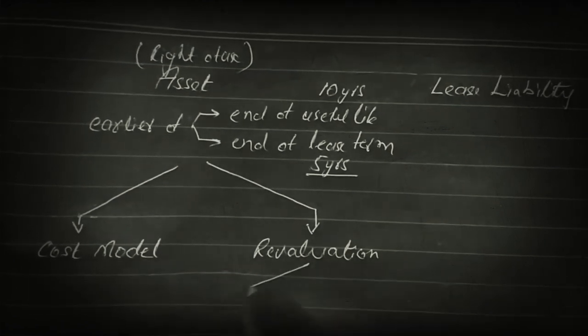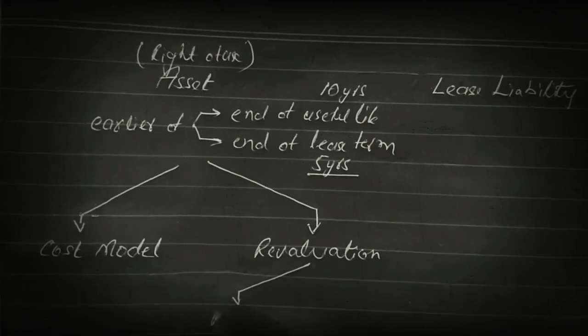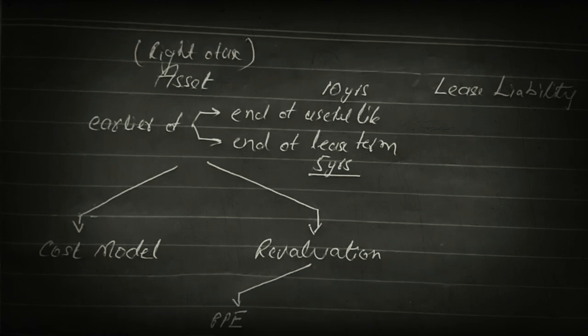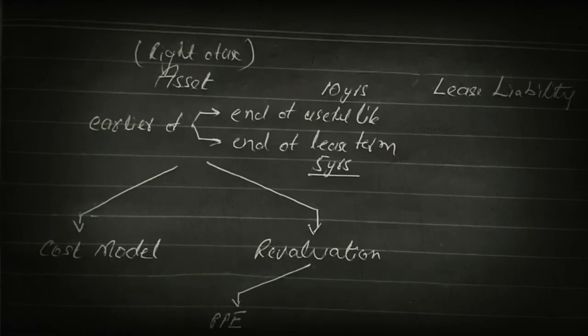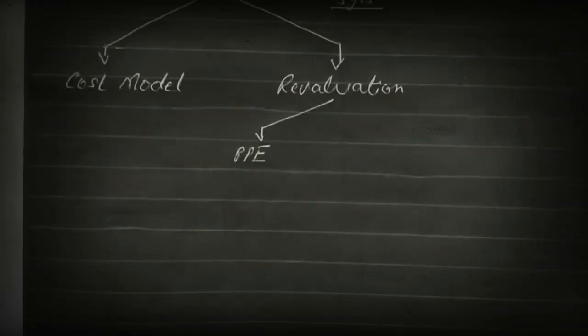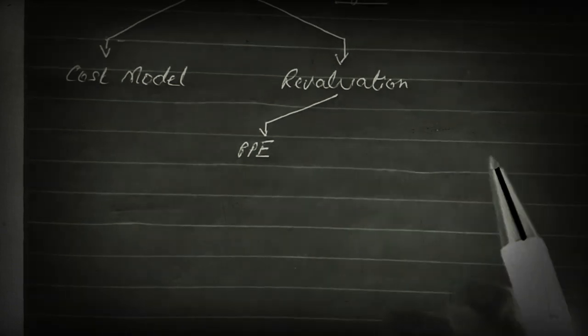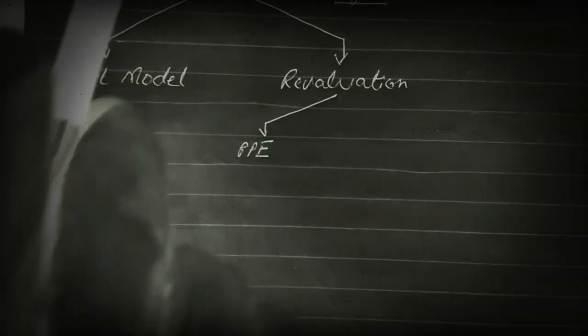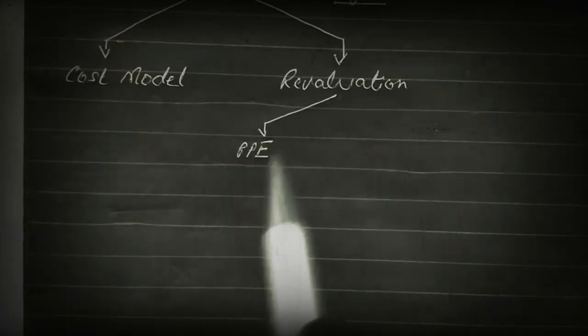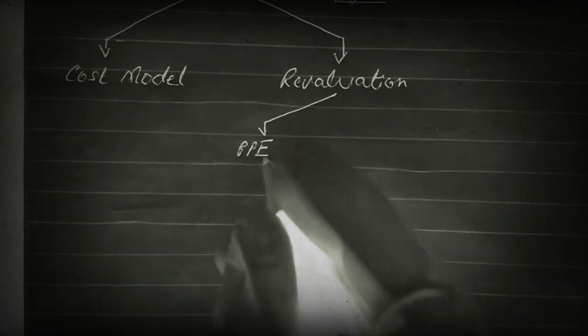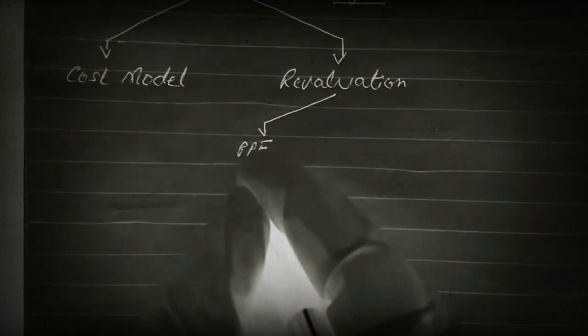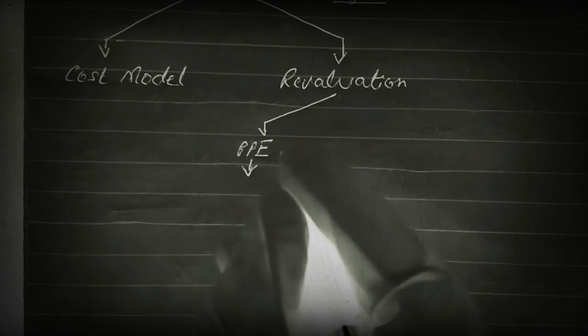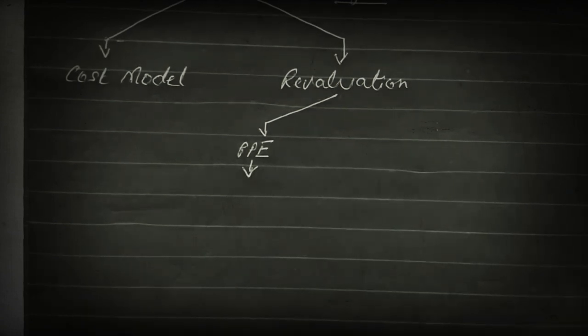Well, in case of property, plant, and equipment, if a class of asset has been recorded at the revaluation model and this right of use asset belongs to that class of asset, then the lessee will have the option to either record it at the revaluation model or at the cost model.